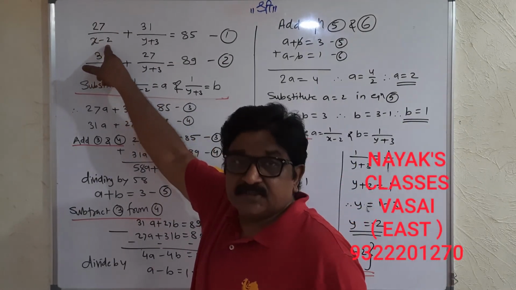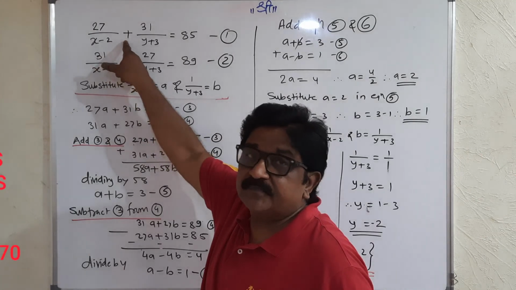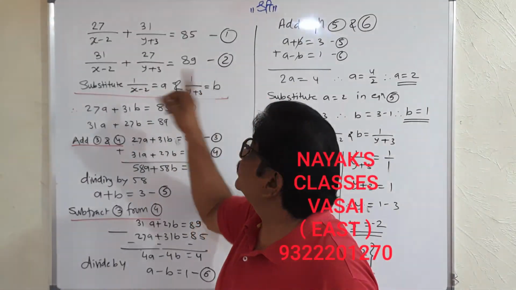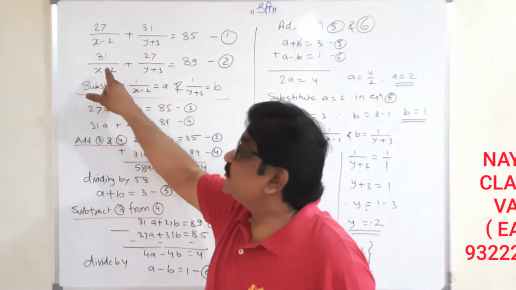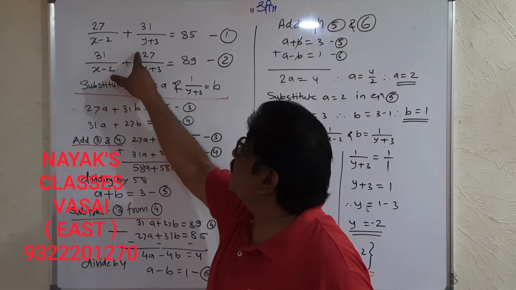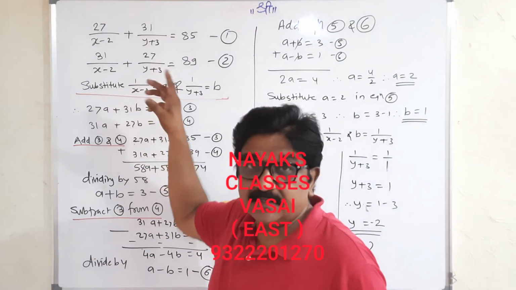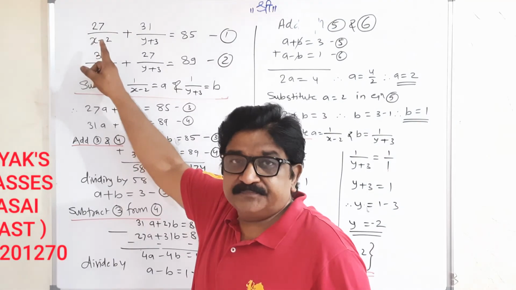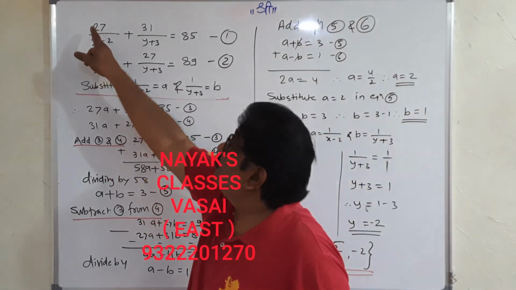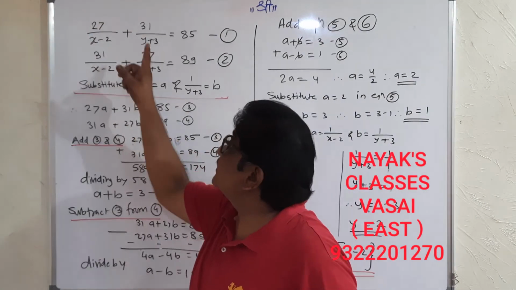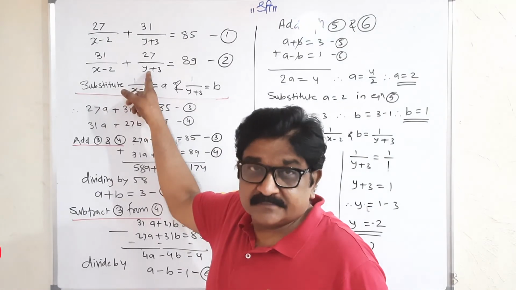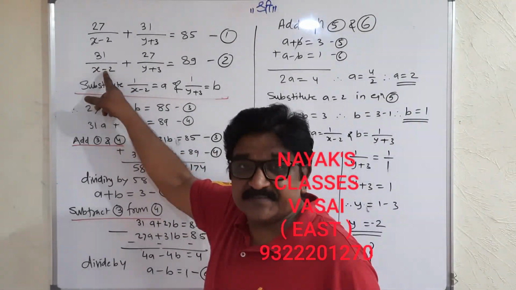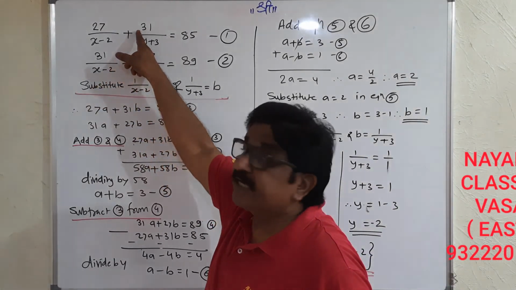27 upon x minus 2 plus 31 upon y plus 3 is equal to 85, and 31 upon x minus 2 plus 27 upon y plus 3. You can check here the coefficient of first is with second, and the coefficient of second has second of first.